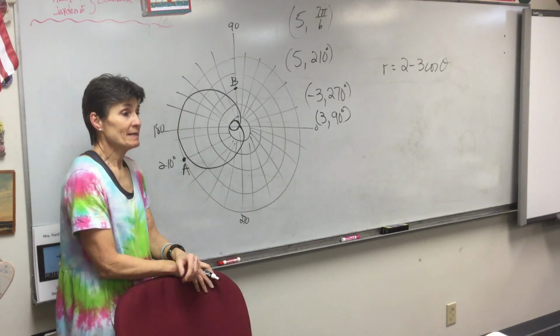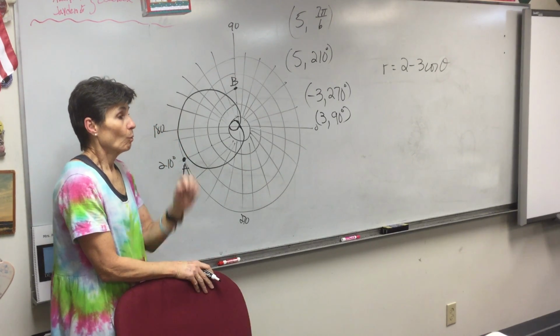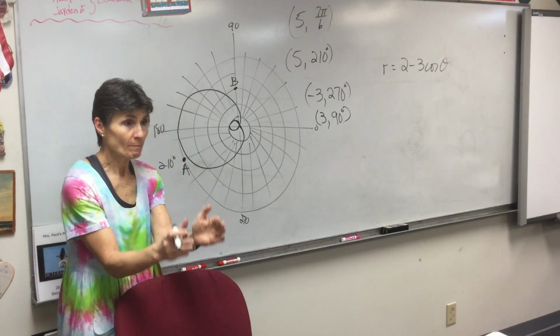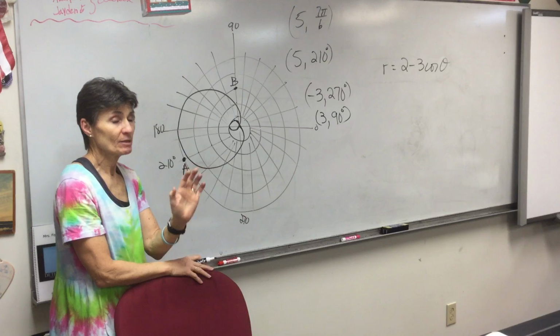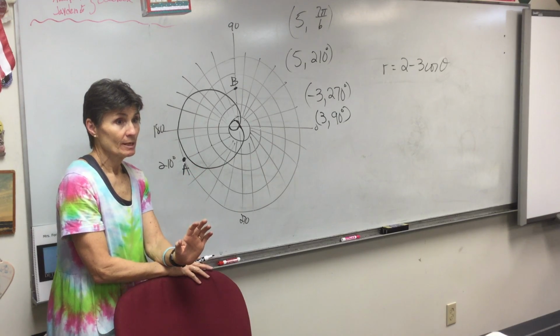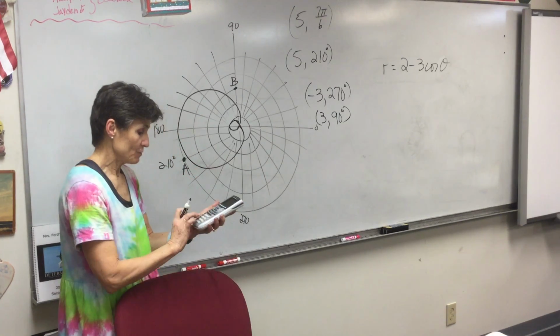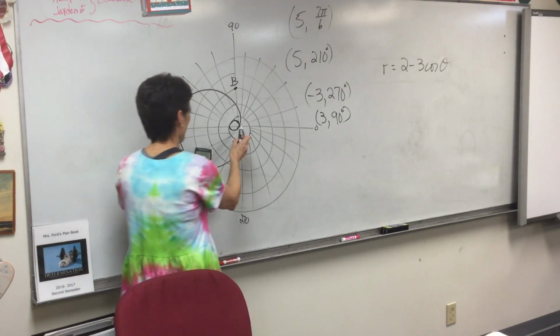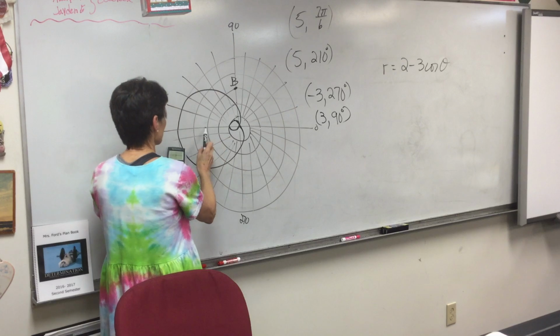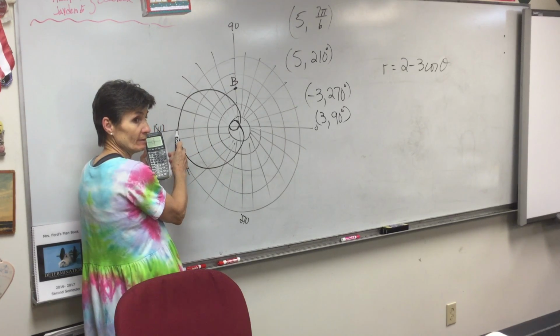Now, as I reminded you yesterday, when you transfer it from the calculator to the graph, it has to be the right size. You can see on your figure, here's the pole. Can you see 1, 2, 3, 4, 5 is where it ends here?